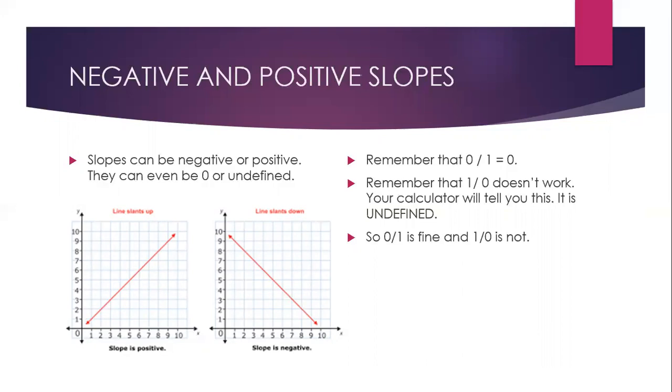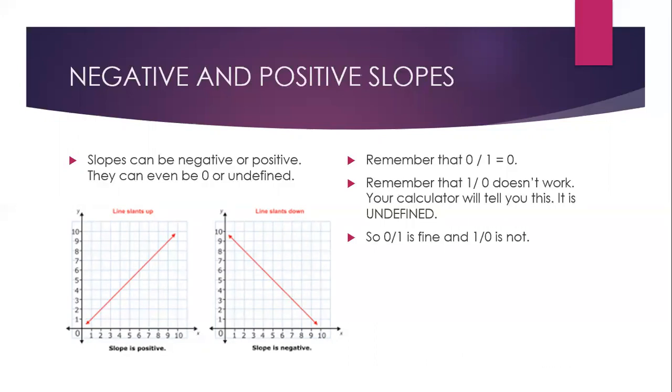I mean, you make $7 an hour more. You're making a lot more money. Is your bank account likely to go up or go down? Well, it's more likely to go up, the amount of money you have. So that's a positive slope. It's increasing rather than decreasing.